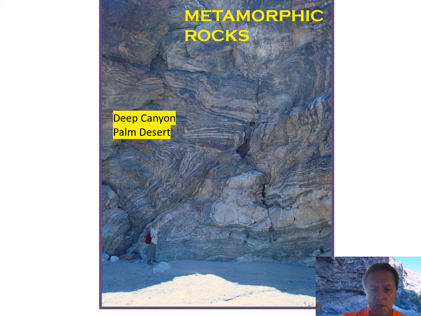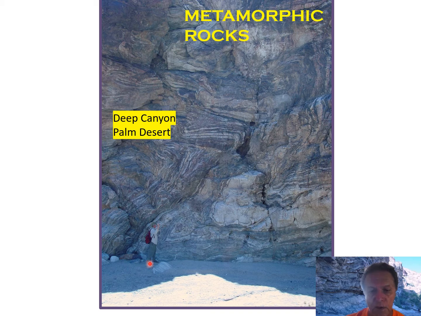So behind me is a photo I took in Palm Canyon, Deep Canyon in the Palm Desert area. It is an outcrop or exposure of metamorphic rocks. And you can see another viewpoint of these same metamorphic rocks in my title slide.